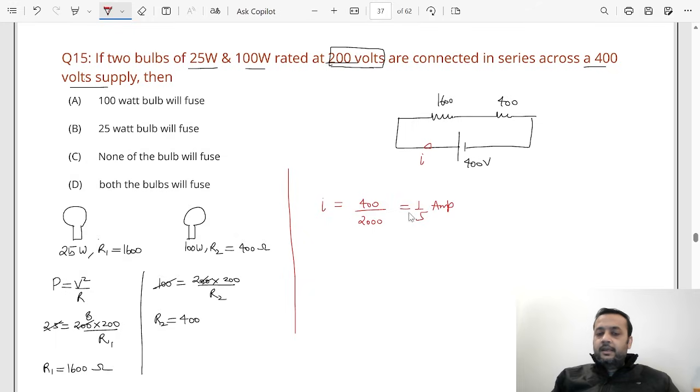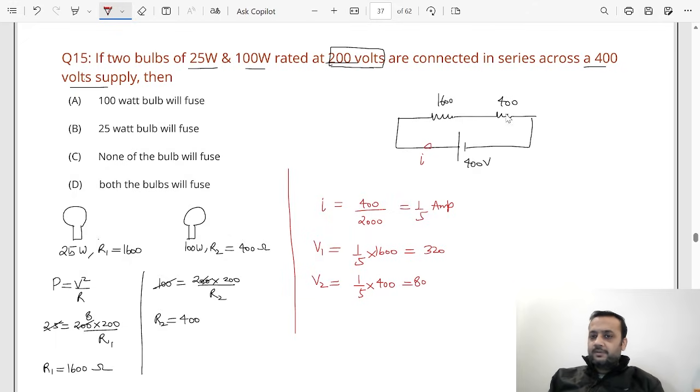The potential difference across the first bulb is 1 by 5 into 1600, which is 320. The potential difference across the second is 1 by 5 into 400, which is 80. Both bulbs could sustain a maximum of 200 volts. So bulb 2 will be fine, but bulb 1 will be damaged, it will fuse. So the 25-watt bulb will fuse.